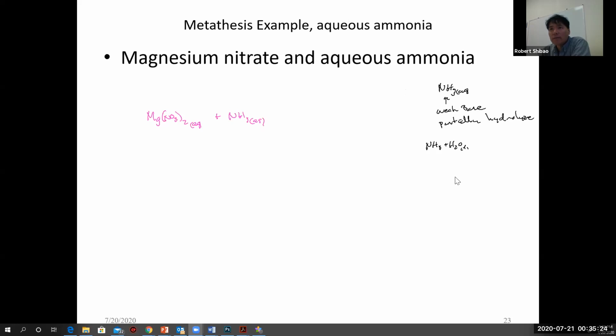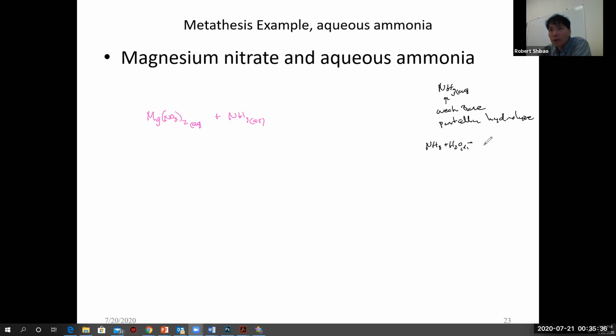And so we have to keep in mind that there's going to be a reaction. Now, what weak electrolytes do is they partially hydrolyze or partially ionize. In this case, they're going to partially hydrolyze. So only less than 0.1% does. 99.9% stays like this. But less than 0.1% will actually react to form ammonium and hydroxide.